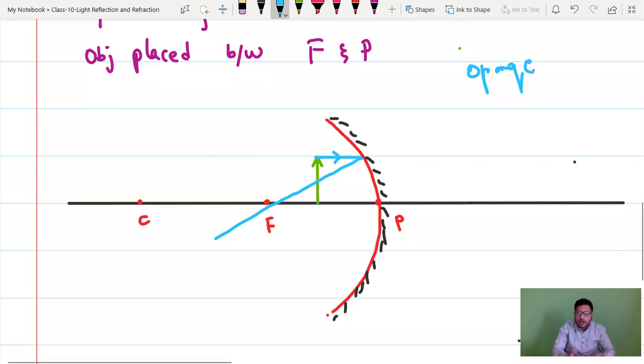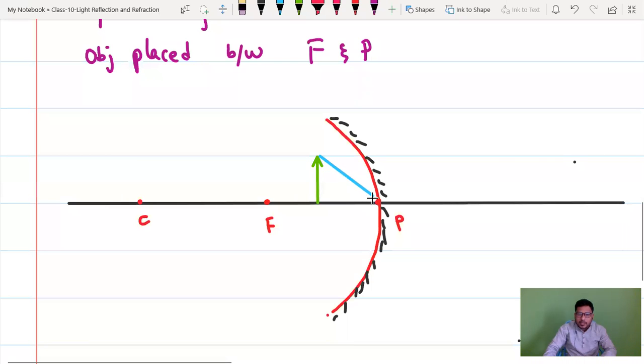No, it will not pass, isn't it? So this line we should not draw, and this is not possible. So what we have to do? We are passing first light ray through pole P. So light ray will pass and touch pole P.